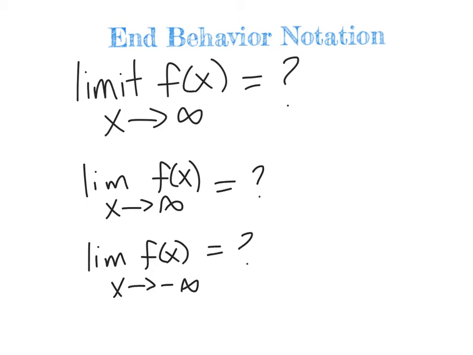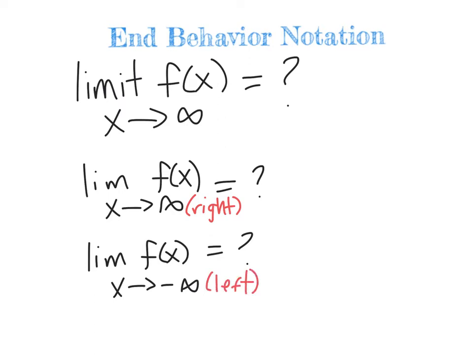Where is the function going? So when you're dealing with what happens when x goes to positive infinity, it's really telling you what happens when x goes to the right. Right? Positive infinity is on the right-hand side, so we can just label this as the right. And what happens when the function goes towards negative infinity, or, in other words, the left.